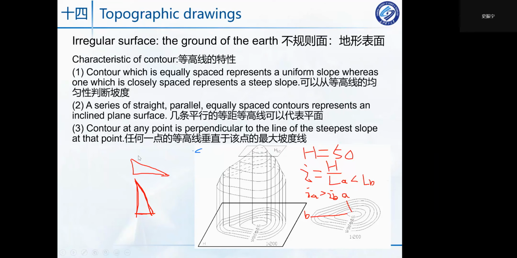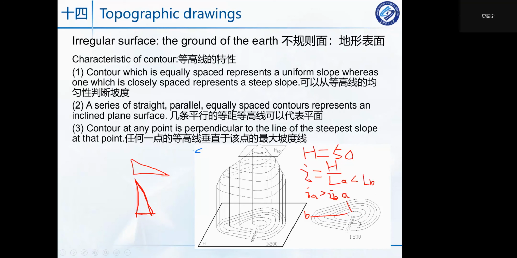And there's another characteristic of the contour line: the contour line at any point is perpendicular to the line of the steepest slope at that point.